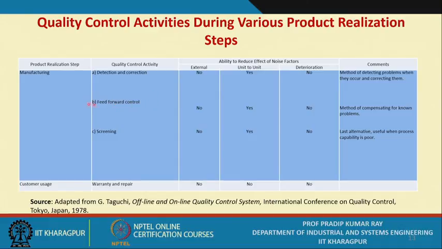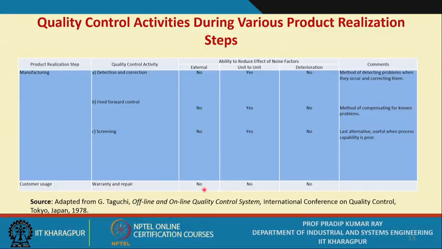Feed forward control is part of the system, and again for unit to unit variation you can have countermeasures. And for screening, you can have countermeasures against unit to unit variation.